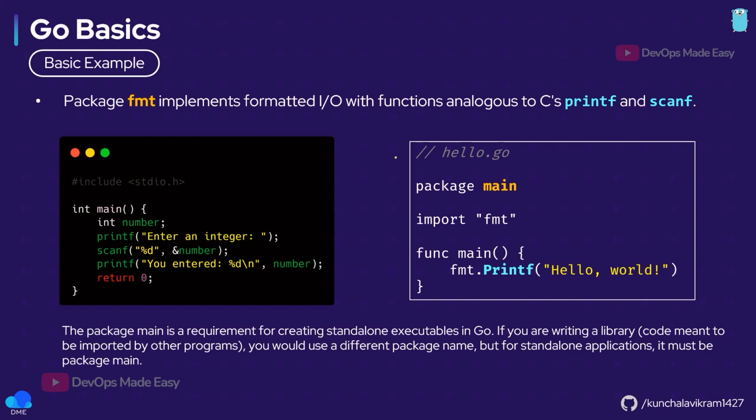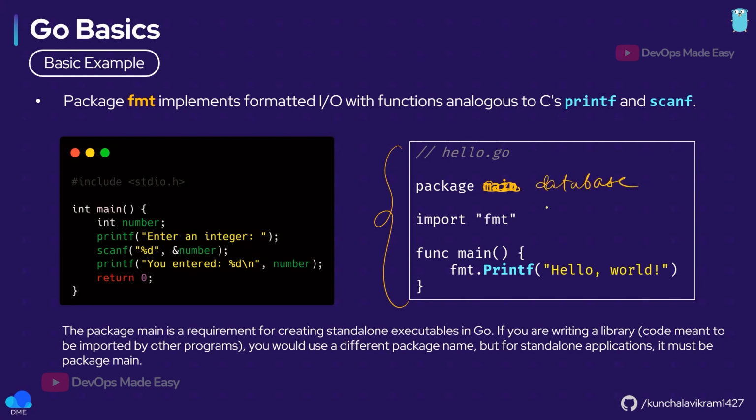Here, this particular code is going to be converted into an executable which I can run. That's the reason why I have package main. Let's say I have this Go code which should serve as a dependency for other projects. Then instead of package main, I can use some other package name like package database.